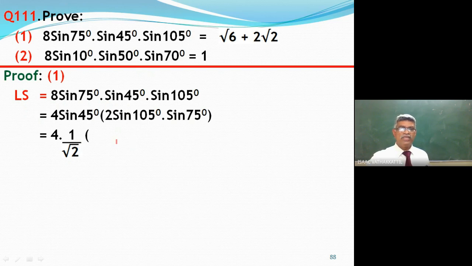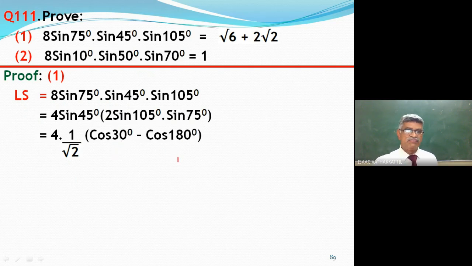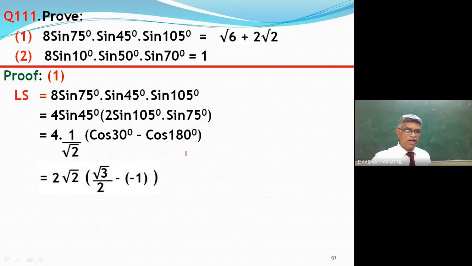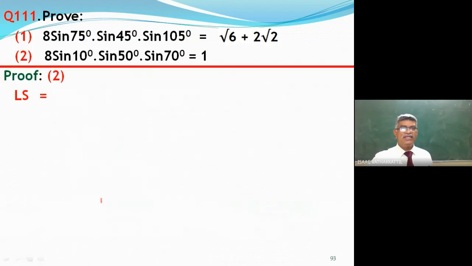That will be cos 30 degrees minus cos 180 degrees. Substitute cos 30 degrees as root 3 by 2, cos 180 degrees is minus 1. So it becomes 2 root 2 into (root 3 by 2 plus 1), which on simplifying is root 6 plus 2 root 2. What about the second one?